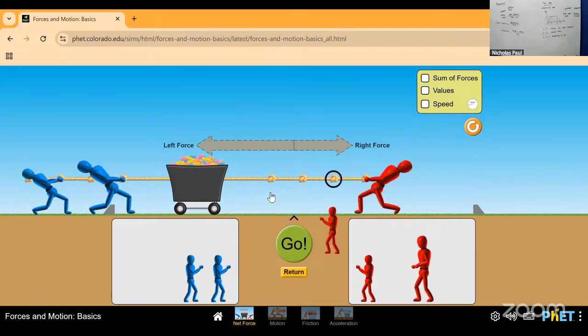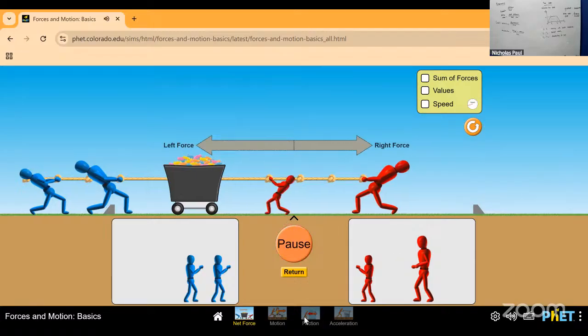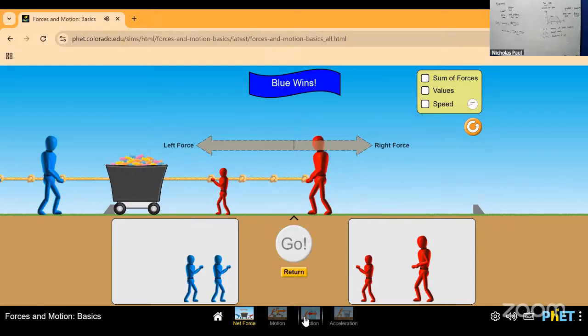Add a small red person here. The inertia is different, the pull is still higher. All right, so that's how you look at Newton's first law.